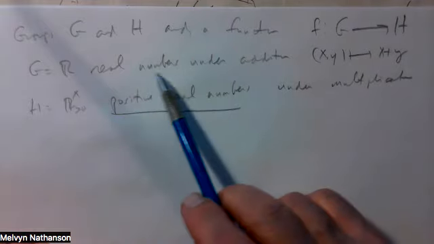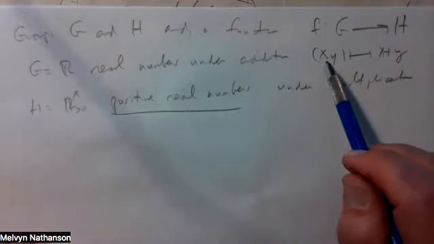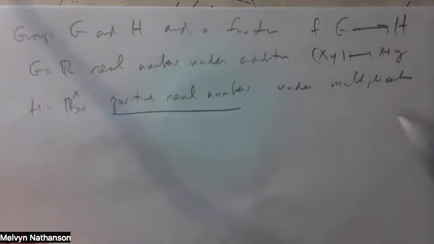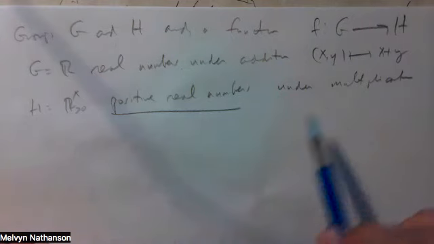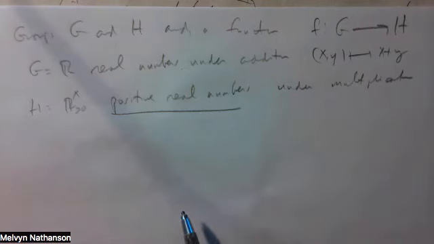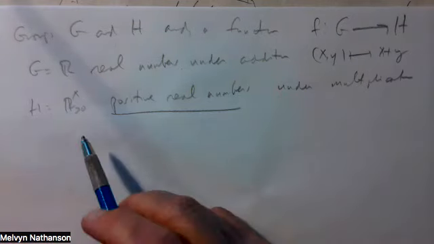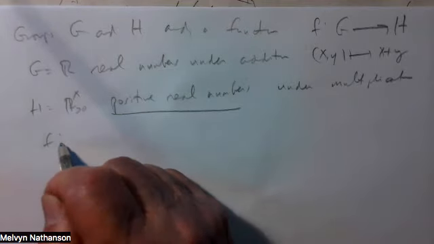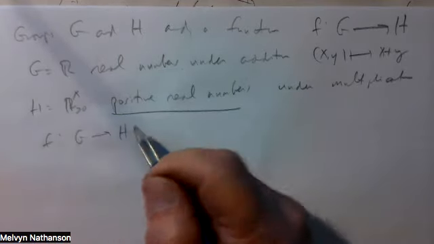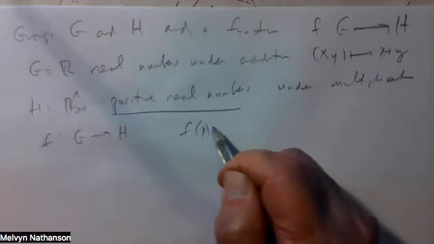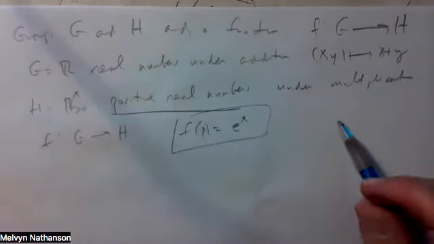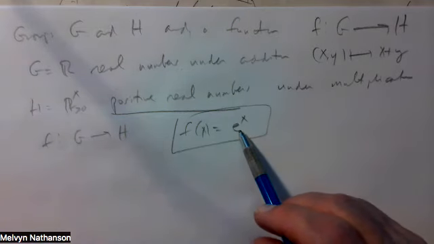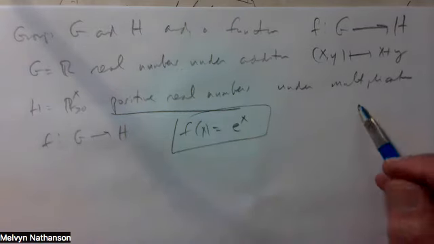So the real numbers under addition form an abelian group. The positive real numbers under multiplication form another abelian group. And in pre-calculus, you learn a very nice function from G to H, namely f of x equals e to the power x. That's a function that sends every number x to e to the x.